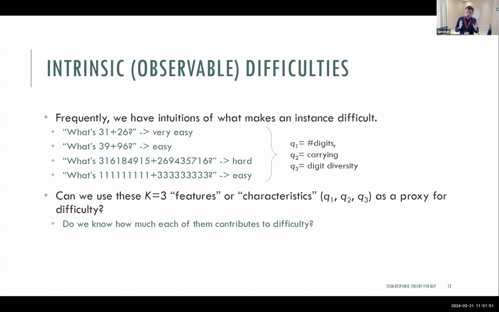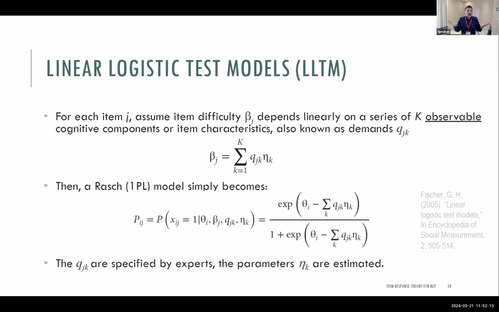So in this case, I use these three features or characteristics as a proxy for difficulty. But then the question is, do they really contribute to difficulty, and how much does each of them? I have the feeling that the number of digits is the most important one, but maybe I'm wrong, especially with language models, because you never know how they're going to behave. Then you can use something that was introduced some time ago, called linear logistic test models.